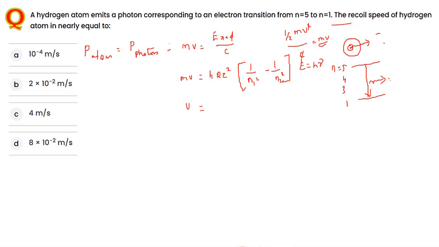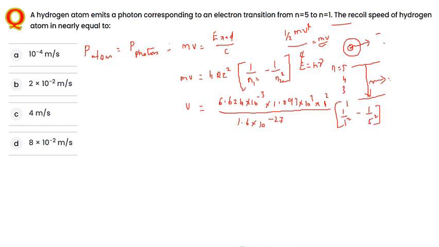So v is equal to, where h is Planck's constant, 6.624 into 10 power minus 34, into R, where the R value is 1.097 into 10 to the power 7, and Z square, which is 1 square for the hydrogen atom, divided by the mass of the proton, 1.6 into 10 to the power minus 27 kilogram. Additionally, for one hydrogen atom, you have 1 by 1 square minus 1 by 5 square.